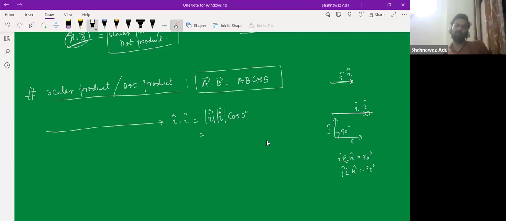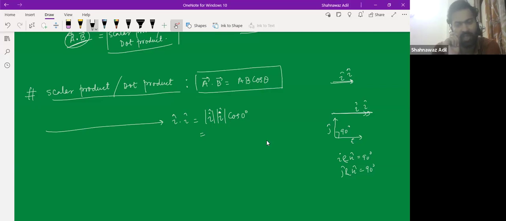What were I, J, and K? They were directions in the X, Y, and Z directions, and they were unit vectors.